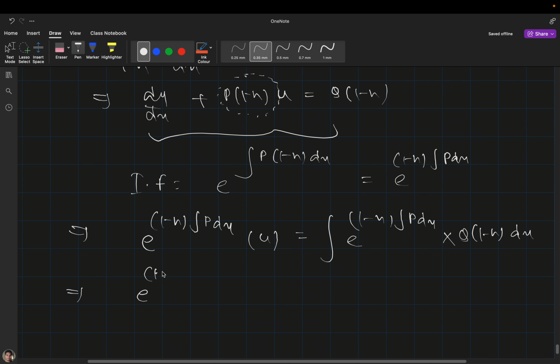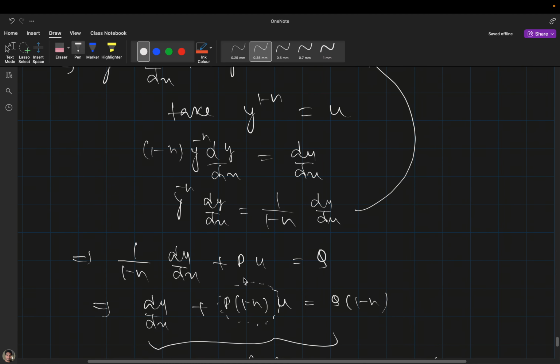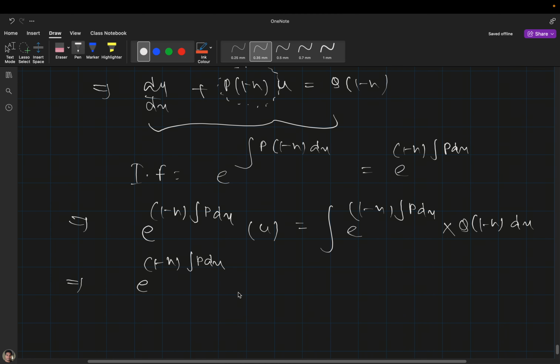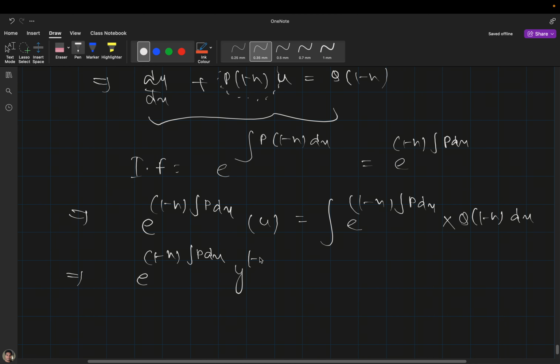So e raised to 1 minus n integral p dx, and in place of u, what you have to write? u is y raised to the power 1 minus n. So y raised to the power 1 minus n equals the integral of q times 1 minus n dx.